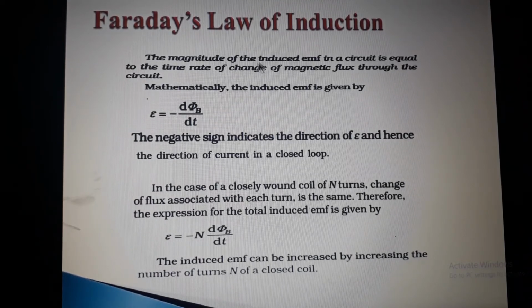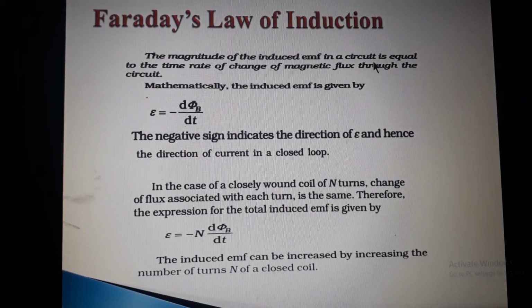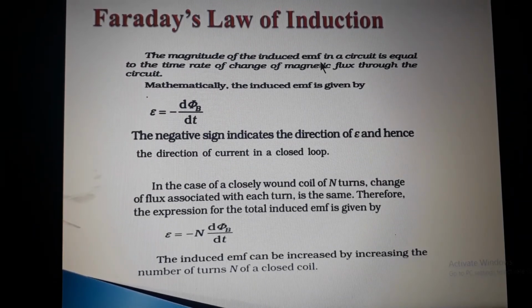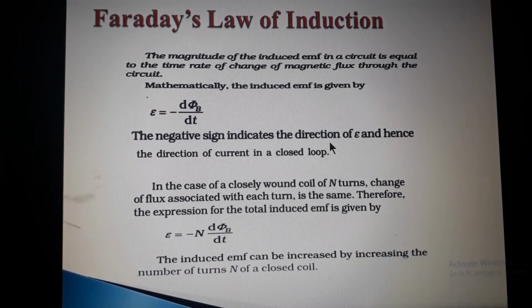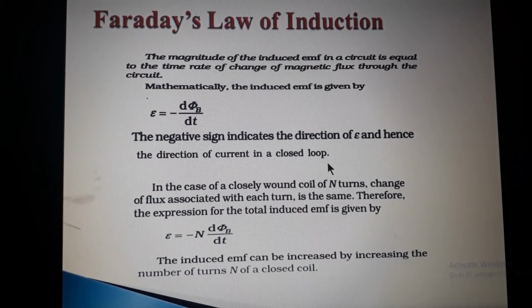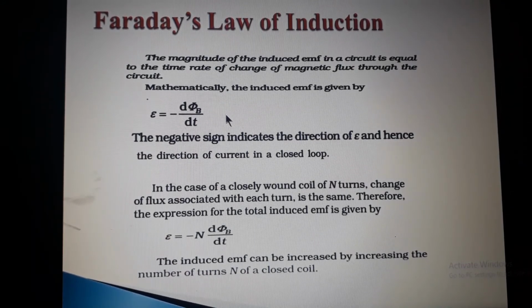The magnitude of the induced EMF in a circuit is equal to the time rate of change of magnetic flux through the circuit, E equals d phi by dt. The negative sign indicates the direction of E and hence the direction of current in a closed loop. This equation is used when the number of turns n is equal to 1.